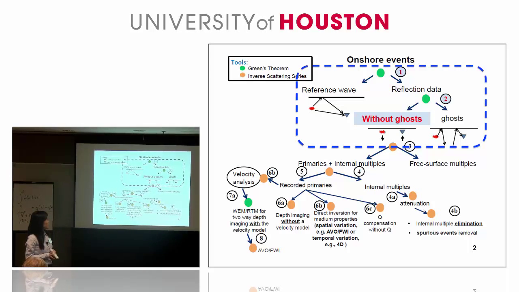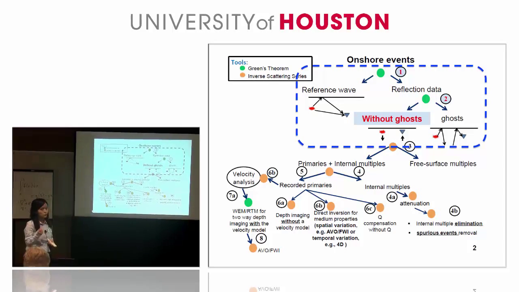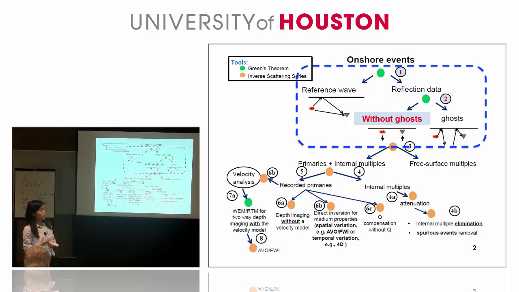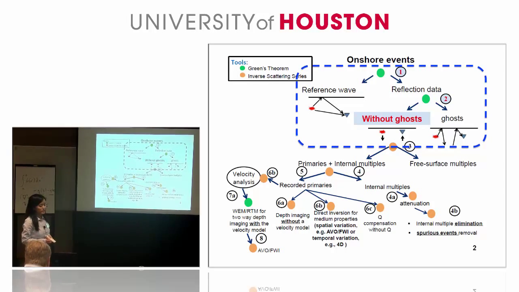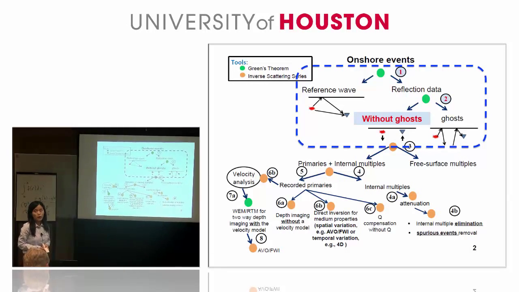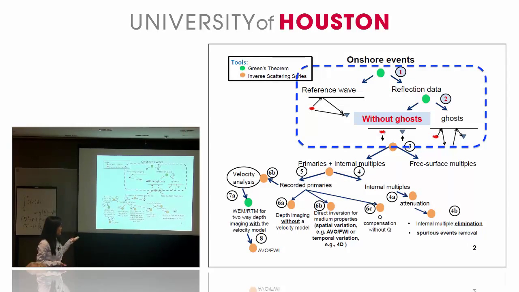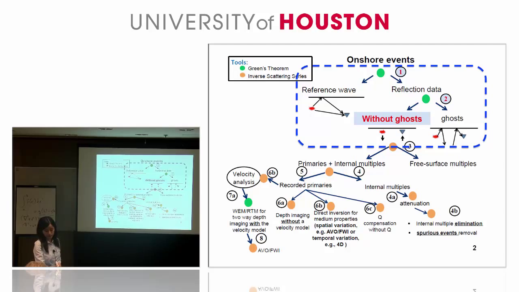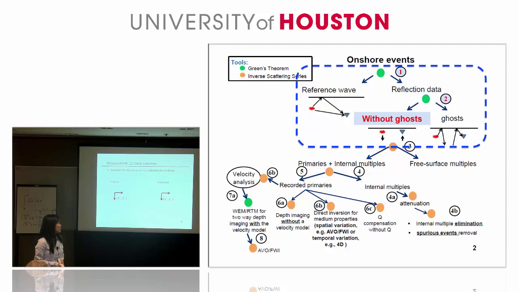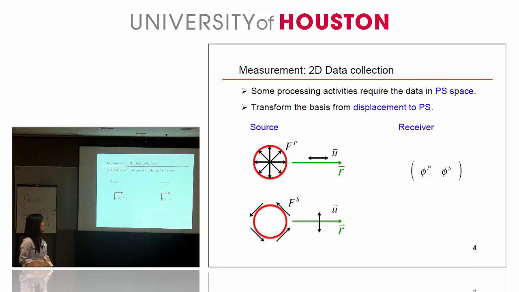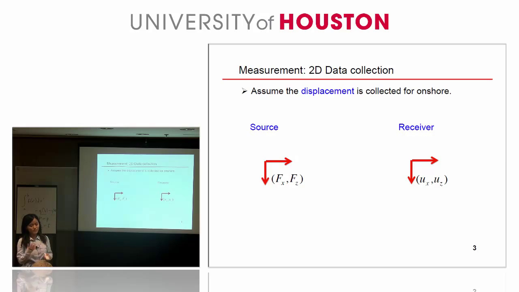And the second job is that Green's theorem needs to remove the ghost of your reflection data. And in this talk, I'd like to show you how we apply the elastic Green's theorem to meet this kind of prerequisite.